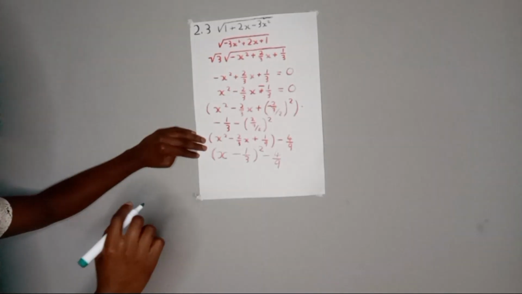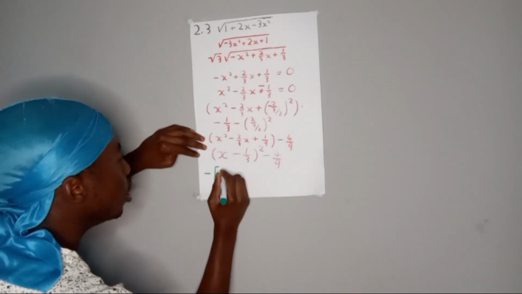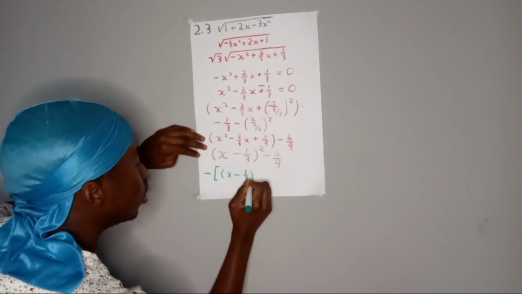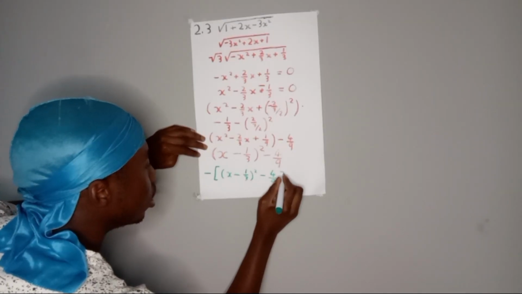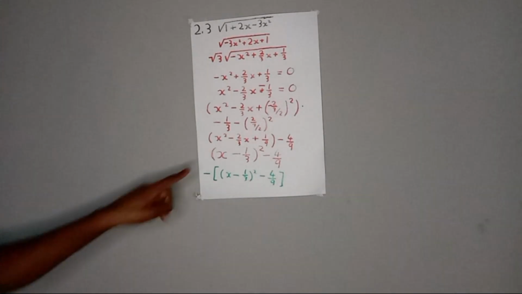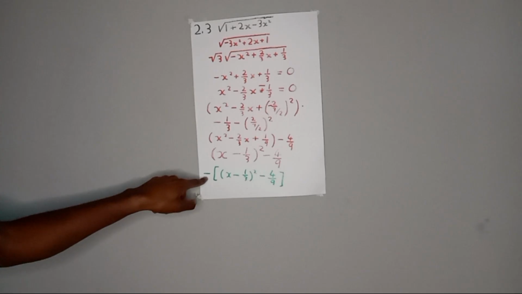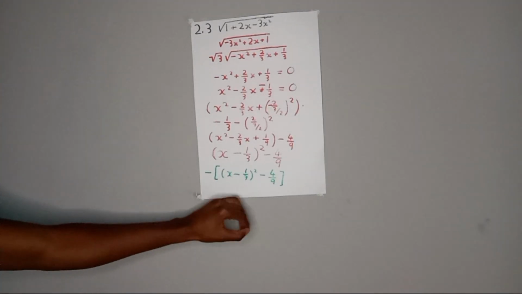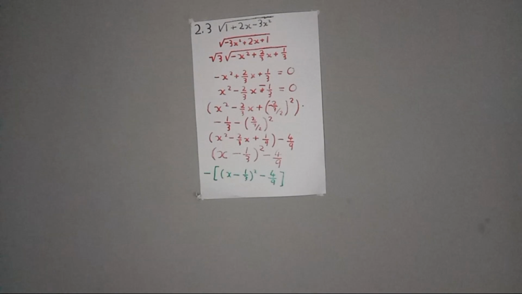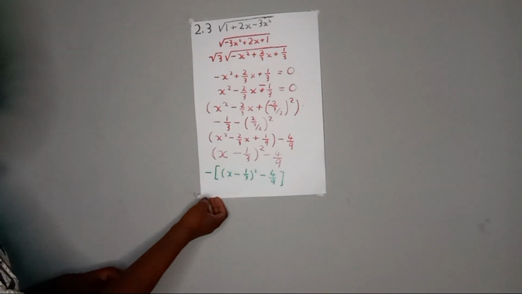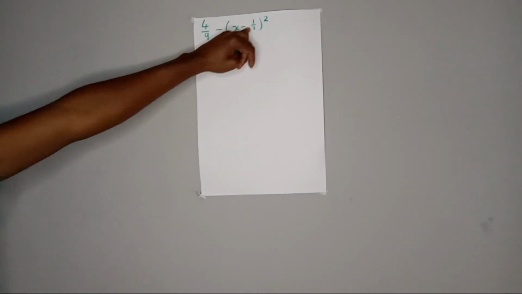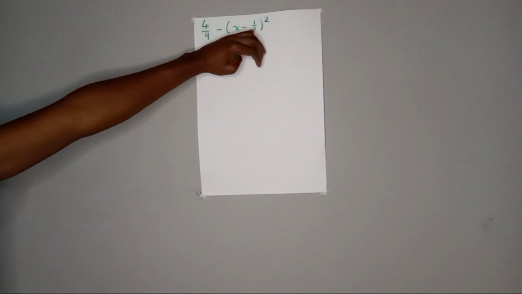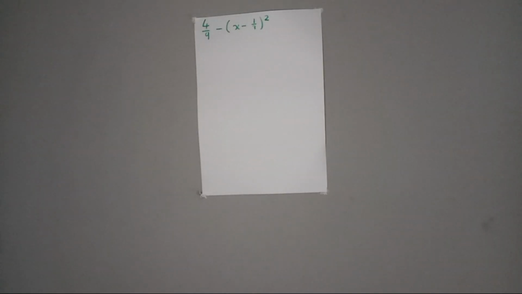Now we're going to multiply everything inside the bracket and rearrange it, giving us 4 over 9 minus x minus 1 over 3 squared right there.